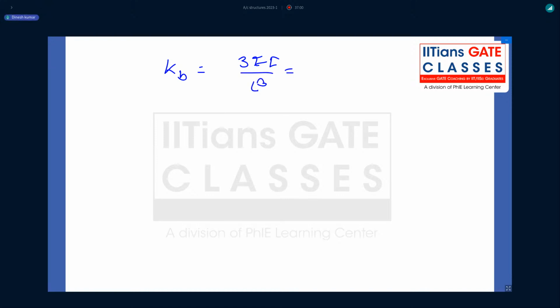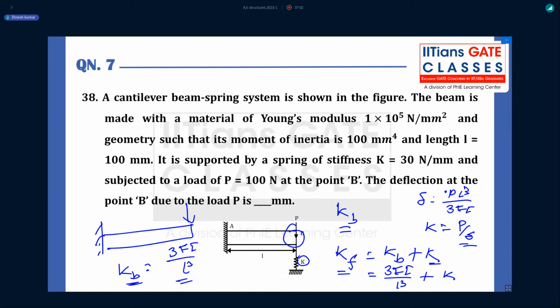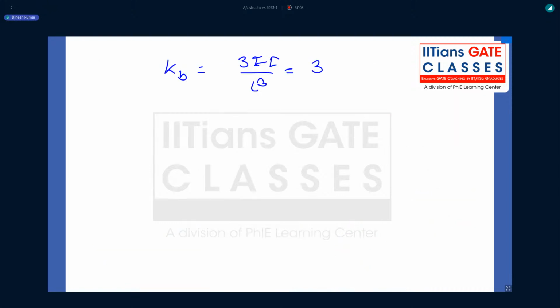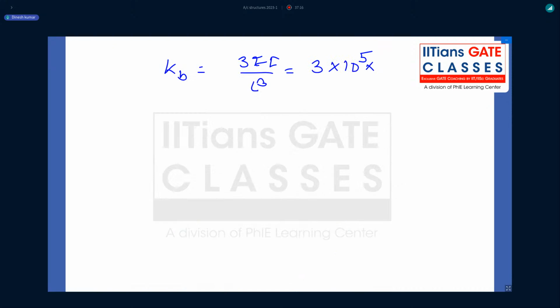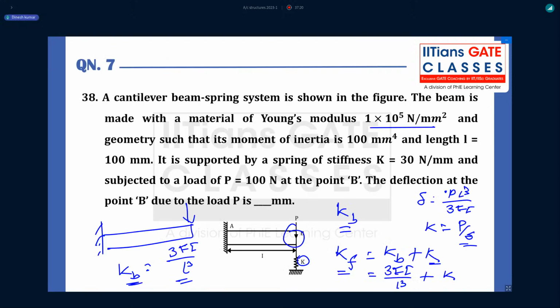E is 10 to the power 5 Newton per mm square, I is 100 mm to the power 4, and the length is 100 mm.